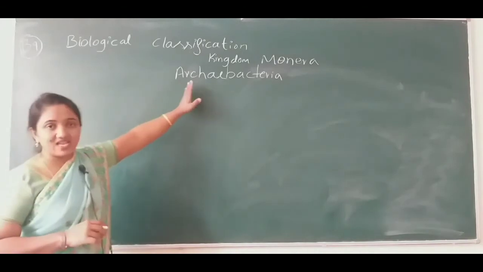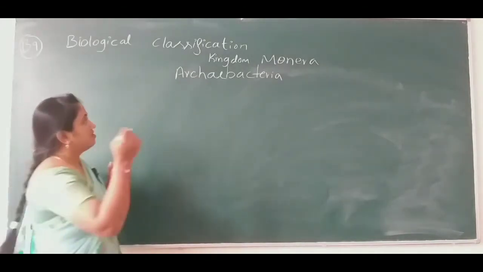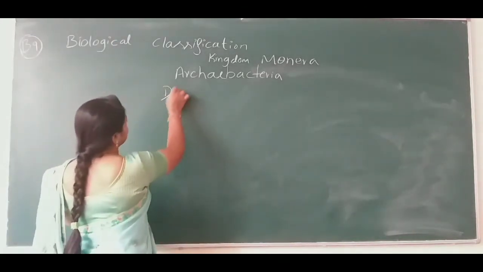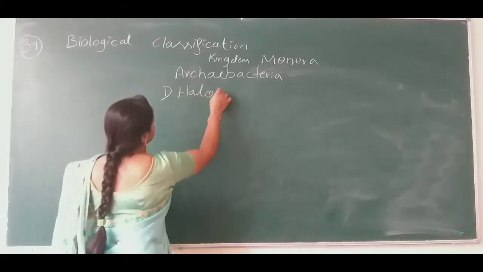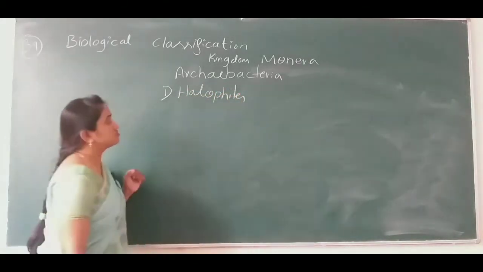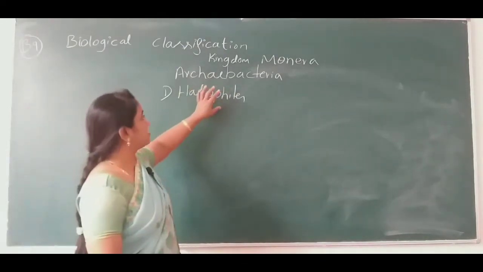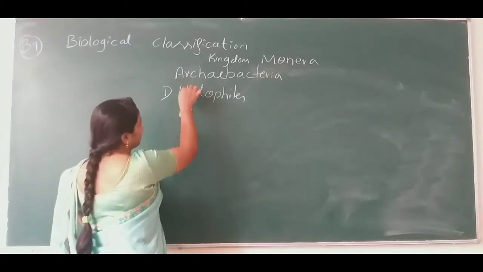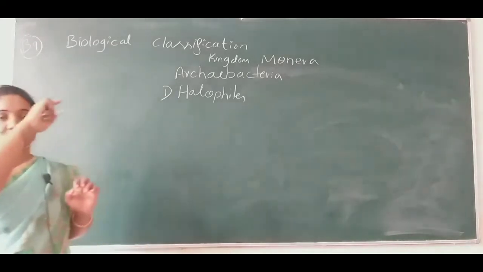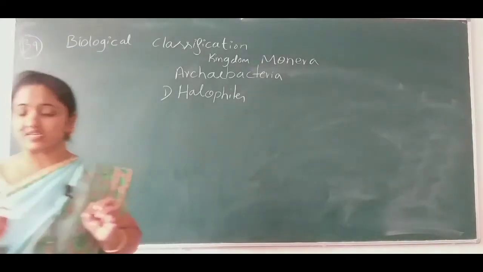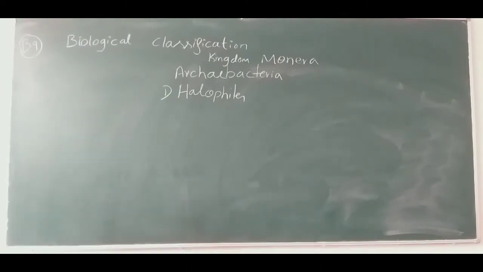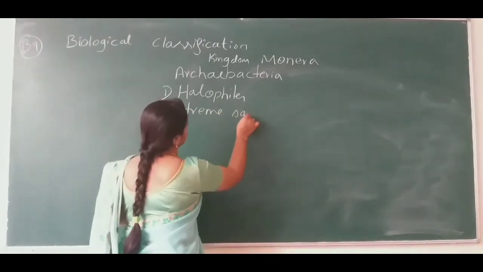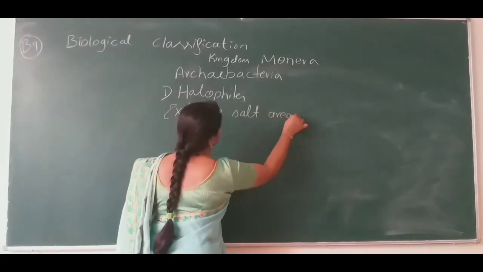Okay, so I'll list out some of the Archaeobacteria found in different habitats. Alright, one is Halophiles. Why do we name the bacteria Archaeobacteria like Halophiles? Because these are the type of Archaeobacteria found in extreme salt areas.